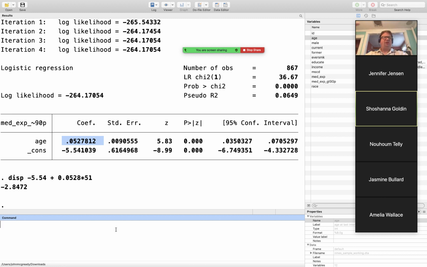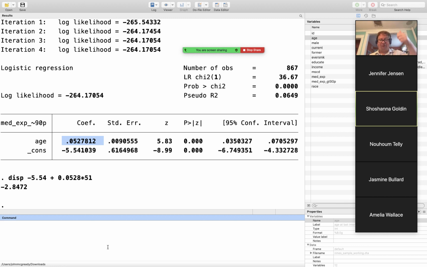Of course, that is the value we get, but it's sort of hard to process. Well, what does that mean? So we can do a double transformation to take this to the probability or proportion scale, to translate this into an estimated proportion of 51-year-olds who have high medical expenditures based on our results.